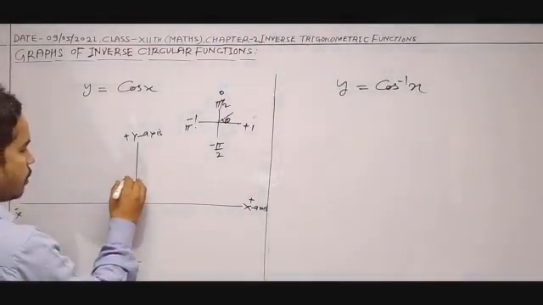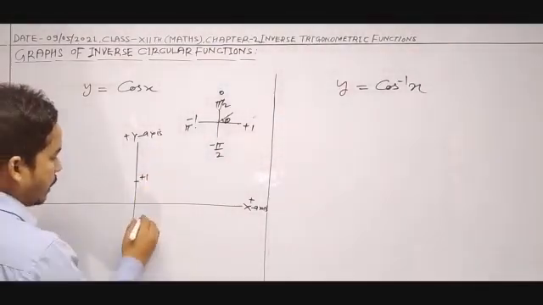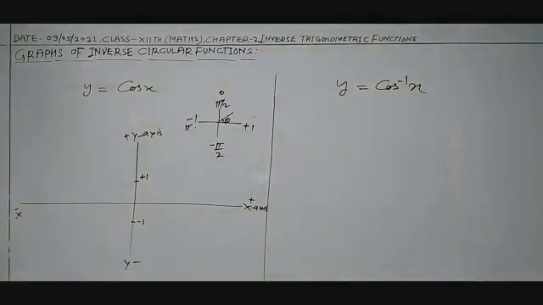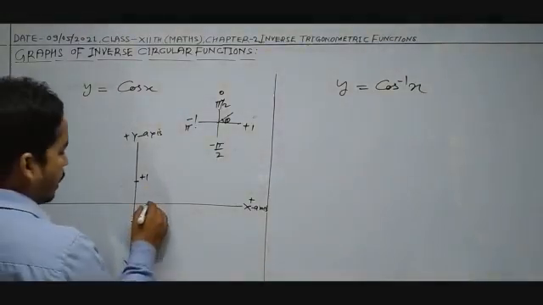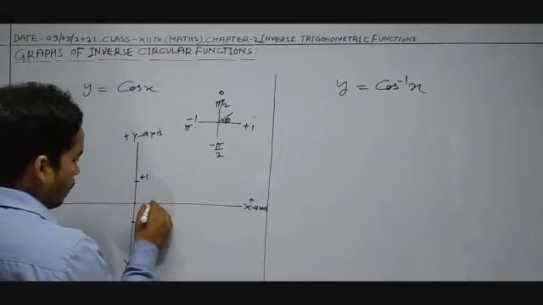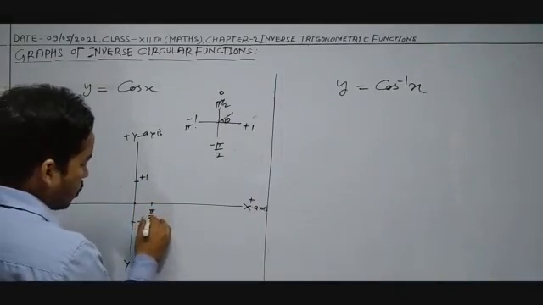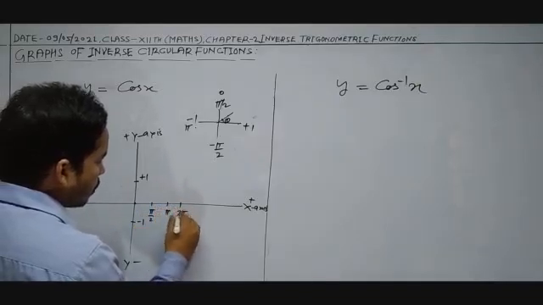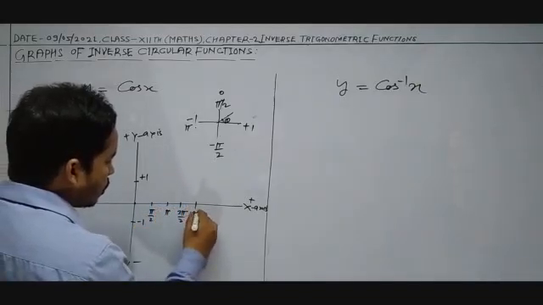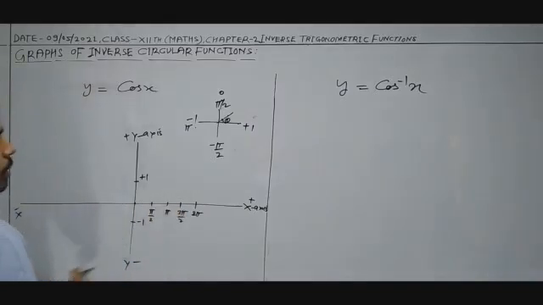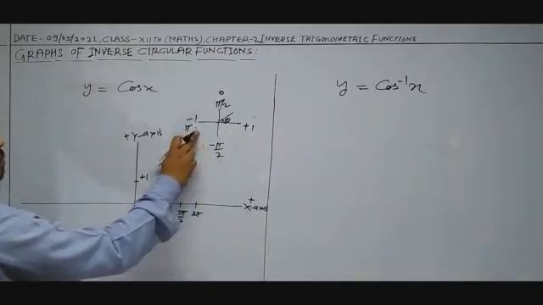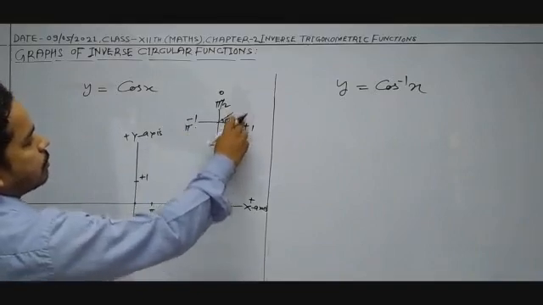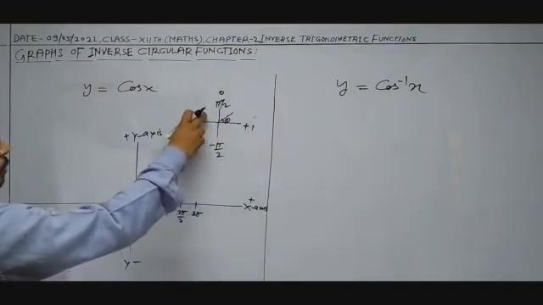Suppose this is point on y-axis, that is +1 and -1, and 0 degree, π/2, pi, 3π/2, 2 pi. Pi value -1, 2 pi value +1, 3 pi value -1.